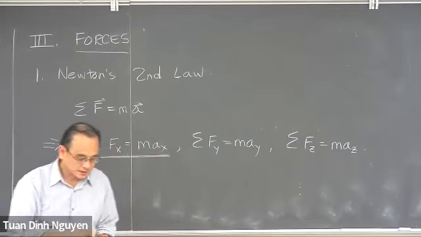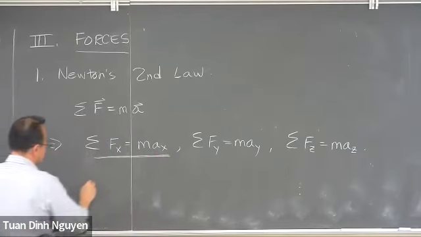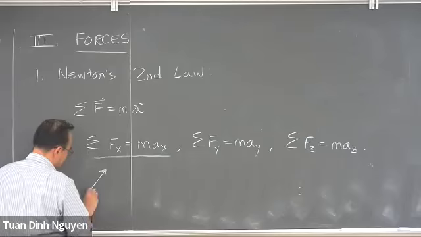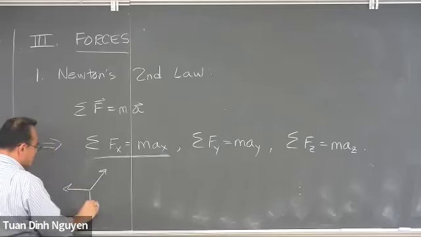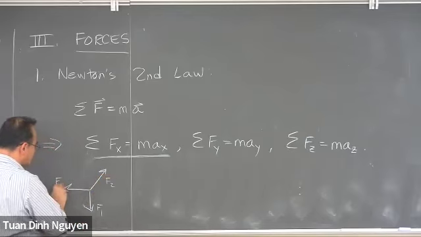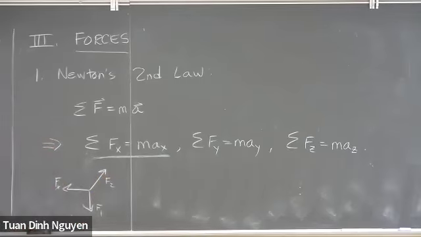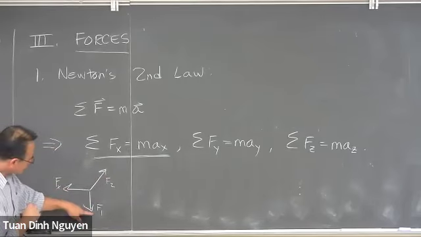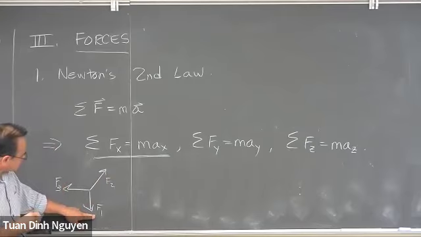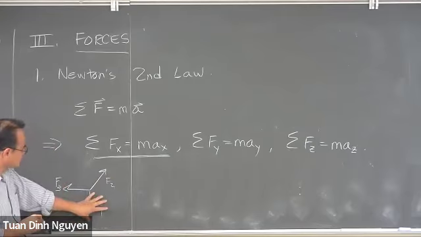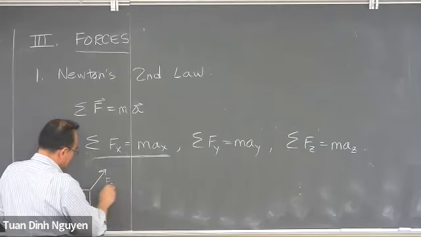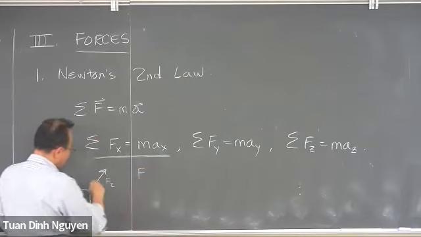Say you have a free body diagram like this, with F1, F2, F3. You go through each one. Does this have an x component? Does this have an x component? No, so you don't include it. Does this? Yes.